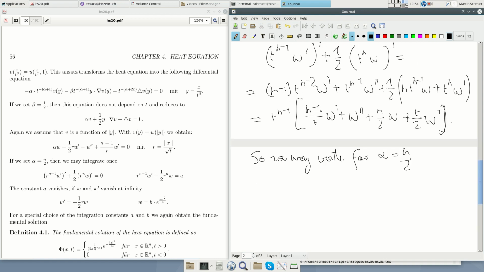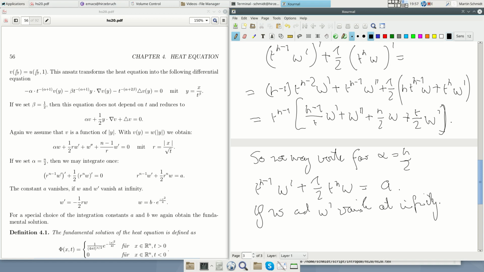So this means r to the power n minus 1 times v prime plus 1/2 r to the power n w is some constant, and we call this constant A. Now, if w and w prime vanish at infinity, because we want some decay for our solutions, then A is equal to 0.